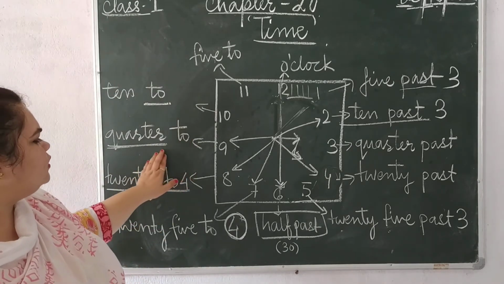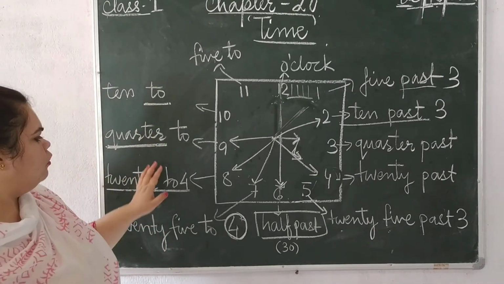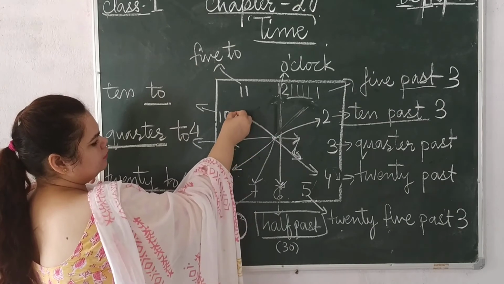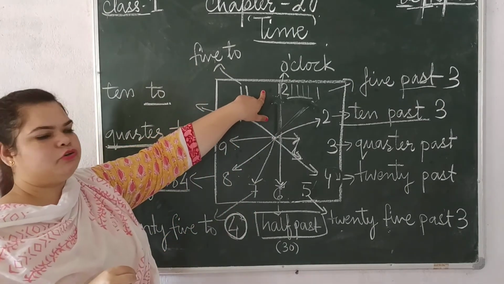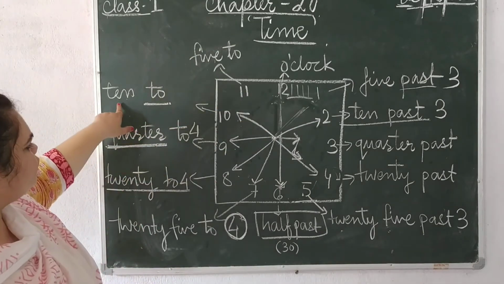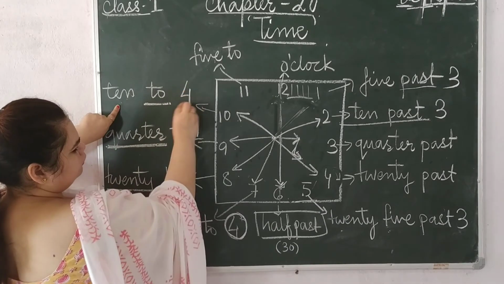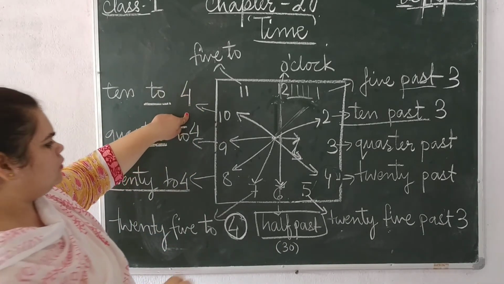We always use the word quarter. Quarter to 4. Now when the big hand comes to number 10, there are 10 minutes left to be 4. So we use the words 10 to 4. That means there are 10 minutes left.